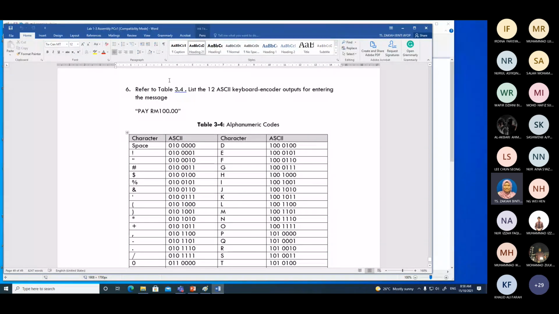Remember when you type on your keyboard, how does the computer understand it?